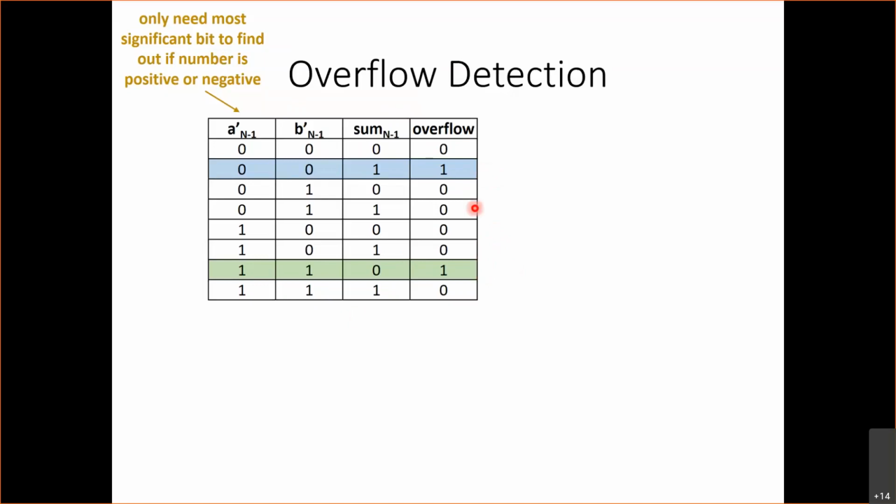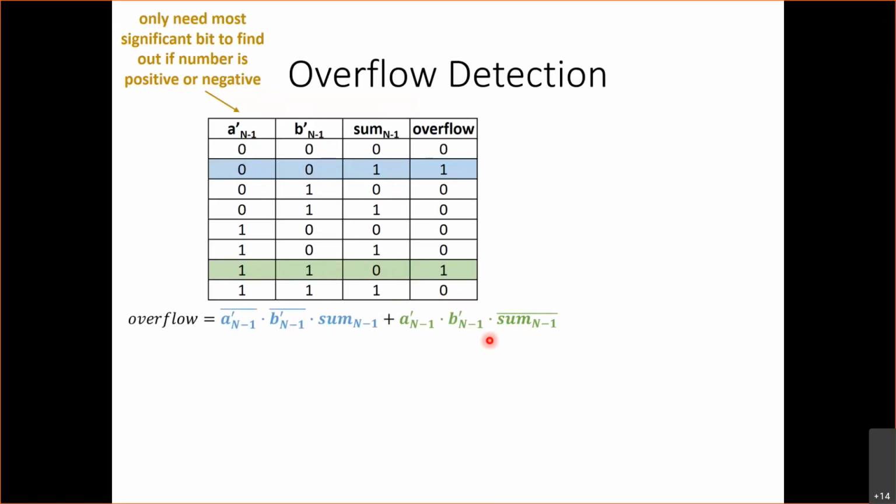Well, it's going to be the min terms for these two rows, right? So overflow is going to be equal to not A prime and not B prime and sum, of course all of them with subscript n minus 1, or A prime and B prime and not sum, again all of them with subscript n minus 1.